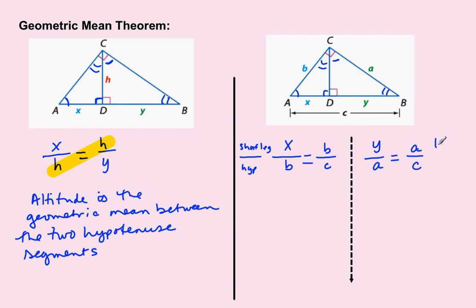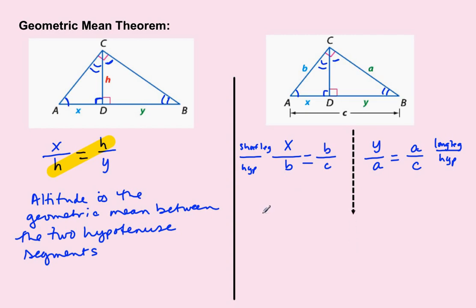So this is long leg over hypotenuse for each of my ratios. That's how I know they're corresponding. So when I look here, there's my geometric mean, there's my geometric mean.